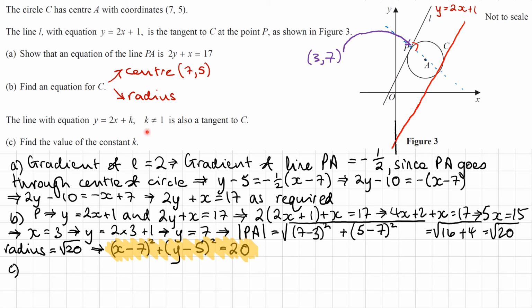So I want to find where this parallel line to L crosses the y-axis, that's its intercept, and that will give me the value of k. Now, the other thing is that this other tangent passes through a point which is opposite to P on the other side of the circle, and I think we can probably work out what this coordinate is. Once we know what this coordinate is, we can use that to find k.